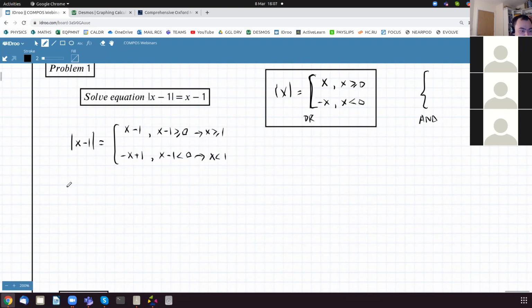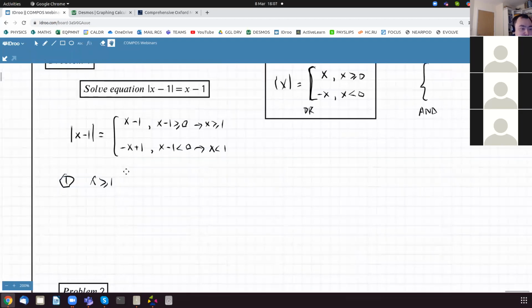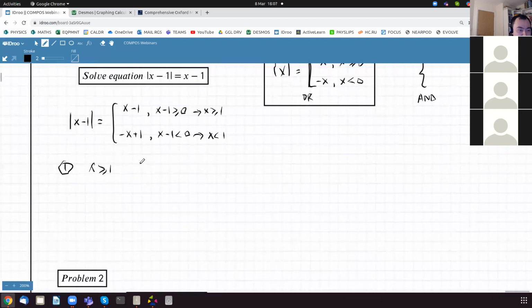So first, consider x is greater or equal to 1. If x is greater or equal to 1, then the equation becomes x minus 1 equals x minus 1, which is 0 equals 0, which is true for any x.